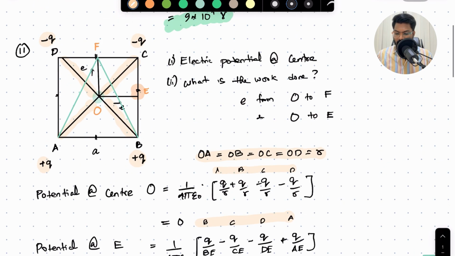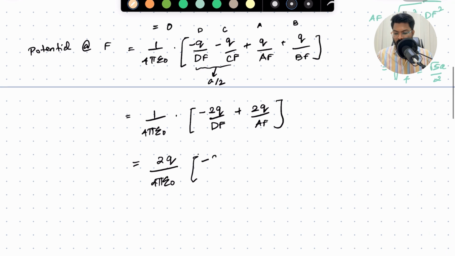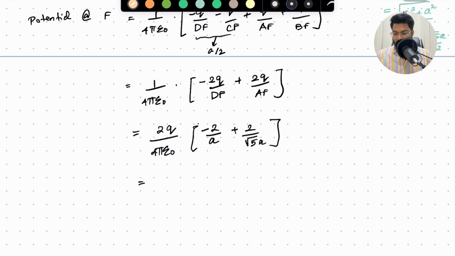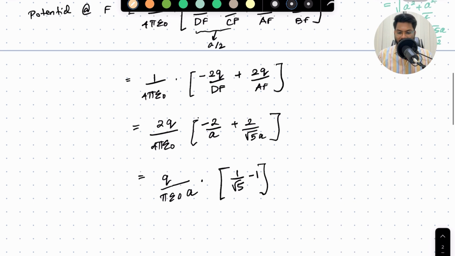DF is A by 2, not A, so that will be 2 by A, plus 1 by AF, AF is root 5A by 2, so substituting this we get 2 by root 5A. If we take the 2 also out, it will cancel with the 4, so it becomes Q by pi epsilon naught into A into 1 by root 5 minus 1. This is the potential at F.